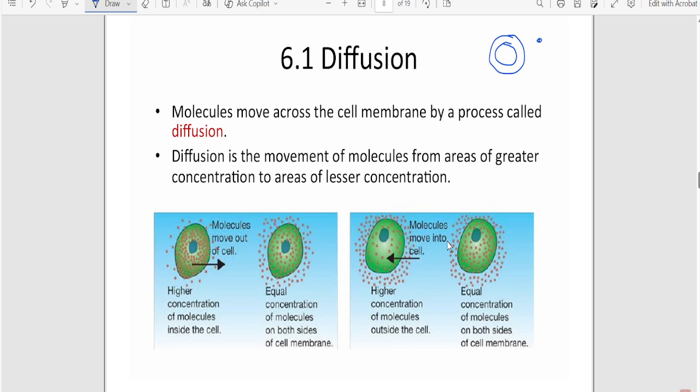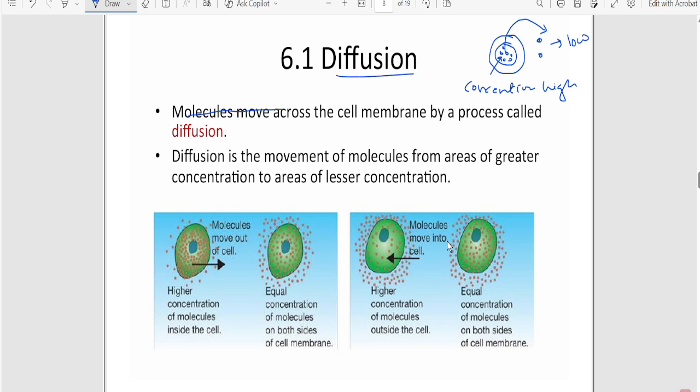Suppose outside the cell there are two particles, but inside there are lots of particles. So there is a concentration gradient: inside the concentration is high and outside it is low. The particles move from an area of higher concentration to an area of lower concentration. This movement is called diffusion.